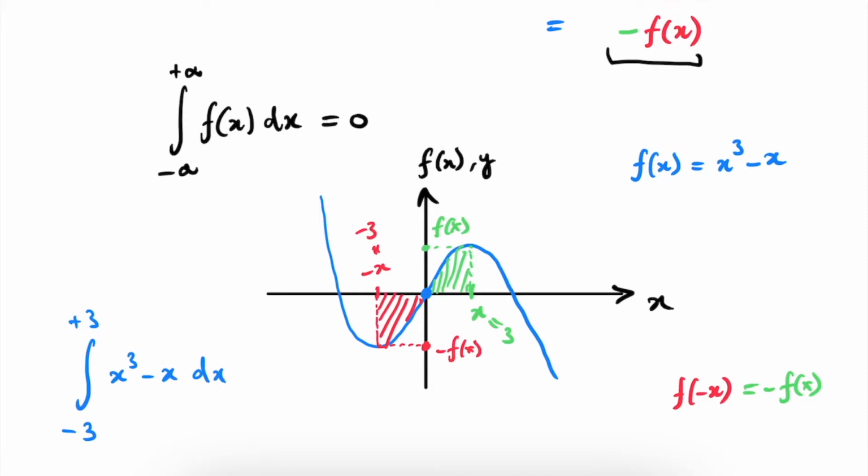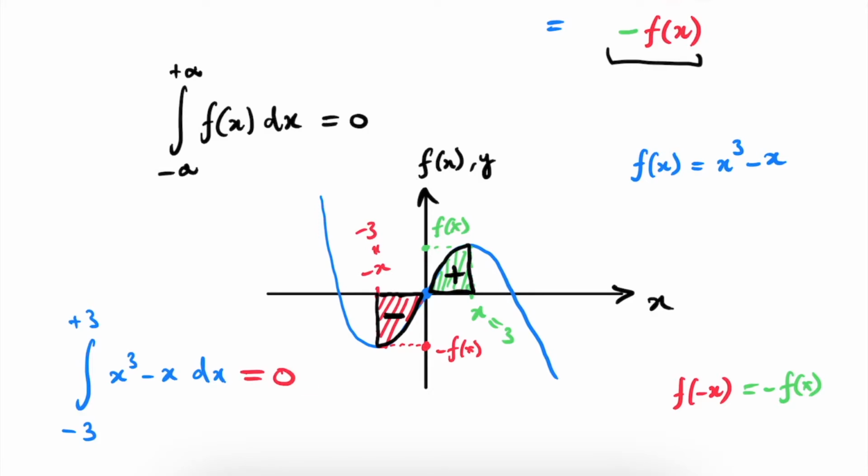So we see that this area is calculated with a minus sign in front, and this area is calculated with a plus sign in front. And because these two areas here are equal in absolute value, and we have a minus sign on one side and a plus sign on the other side, adding them up will always give 0.